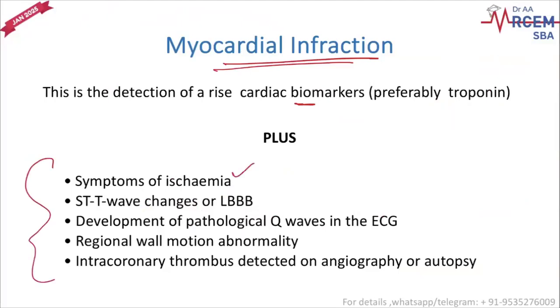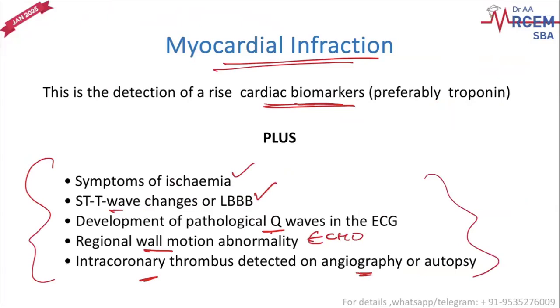Symptoms which are very typical, as I described previously, of a myocardial infarction, or typical ST wave changes or a new onset LBBB, or pathological Q waves, significant Q waves, or regional wall abnormalities seen on an echo scan, or on an angiography, you should find a thrombus.